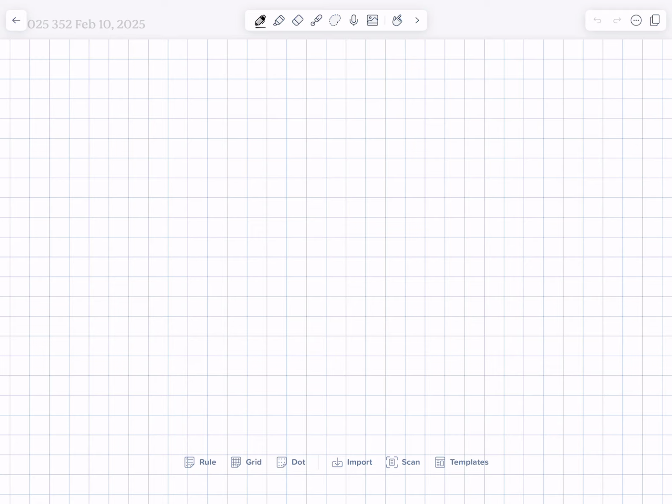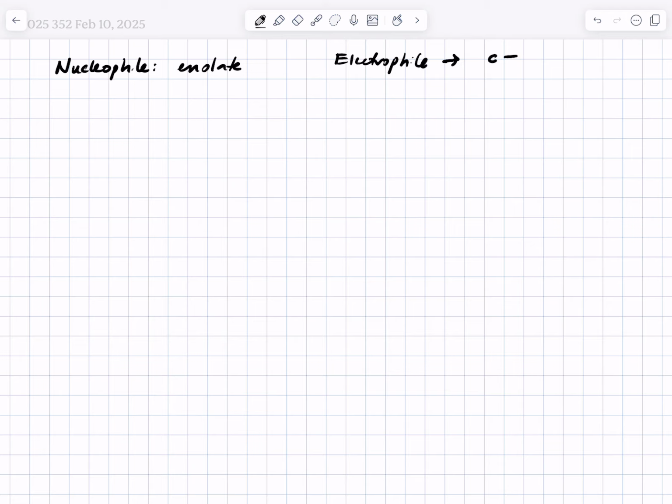But the theme of this chapter is that your nucleophile is going to be an enolate, and then your electrophile is going to be some kind of carbonyl group. So we're combining all of what we've learned so far about carbonyl chemistry and what we learned in the last chapter about enolates being nucleophiles, and we're going to put them together to form new and interesting products.